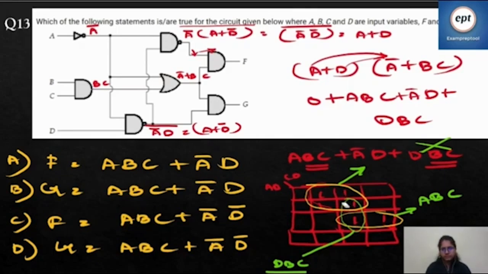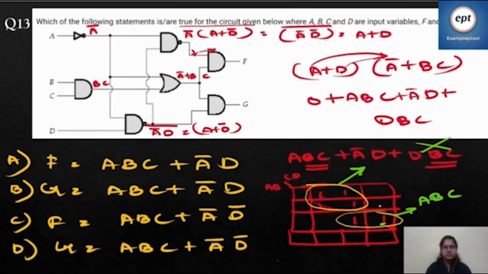If we remove this, you can still see that the ones are covered. Either you take this or this, but if you take this, one will be left. So that's why this is not that essential.